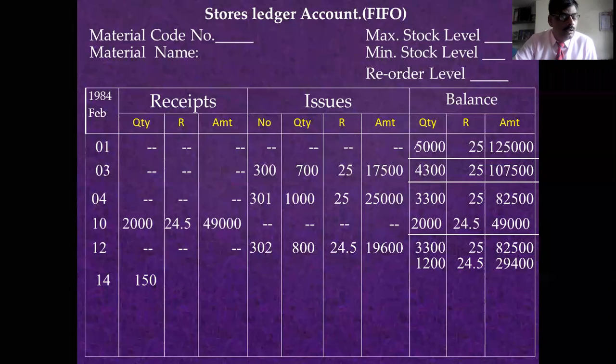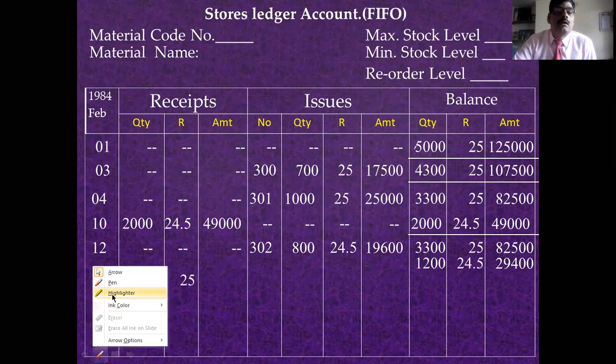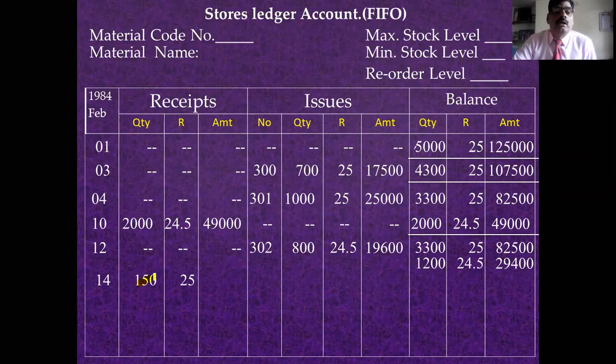Job number 300 rate is 25. So you take 25 rate here. This 150 is returned from job number 300. Job number 300 rate is 25. You take this 25 here.